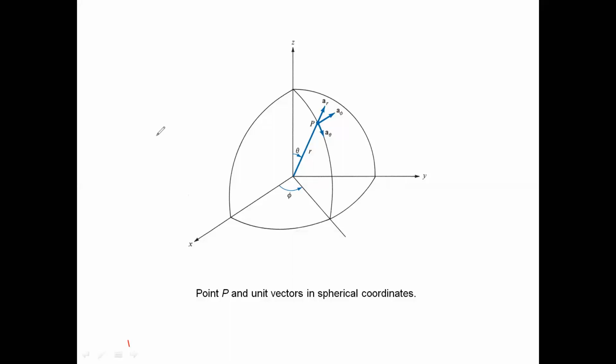Here, however, unlike the coordinates for Cartesian x, y, z and circular cylindrical rho, phi, z, the coordinates are represented in the form of a point, that is r, theta, phi.